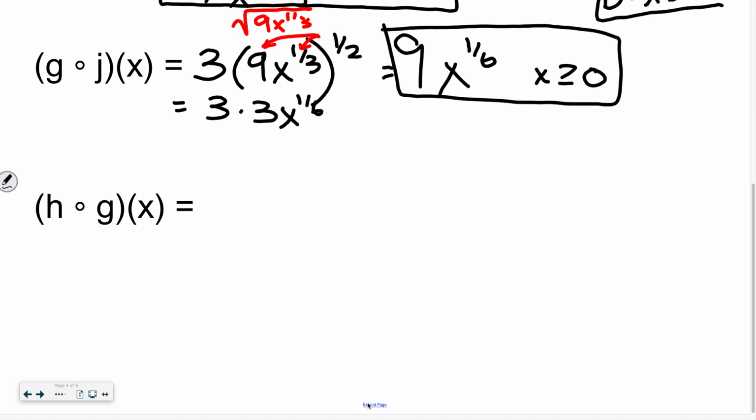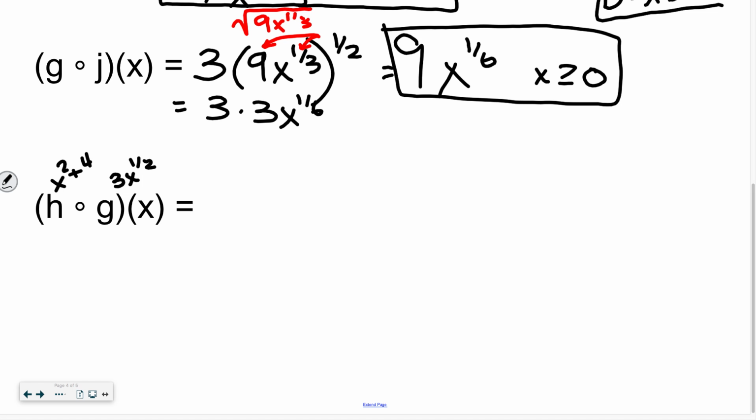h of g of x is h of x squared plus 4. Okay, and g was the 3x to the 1/2. Is that correct? Okay, so I'm plugging 3x to the 1/2 in for the x in x squared plus 4.